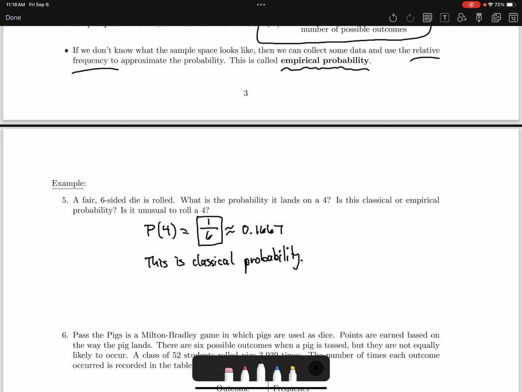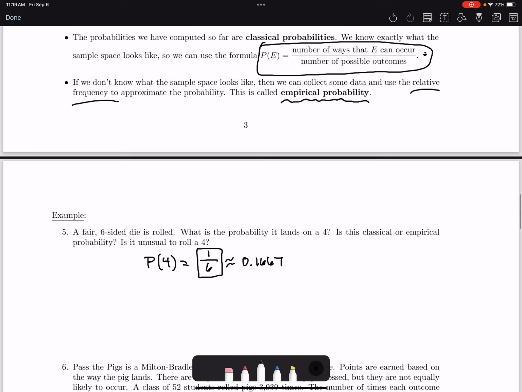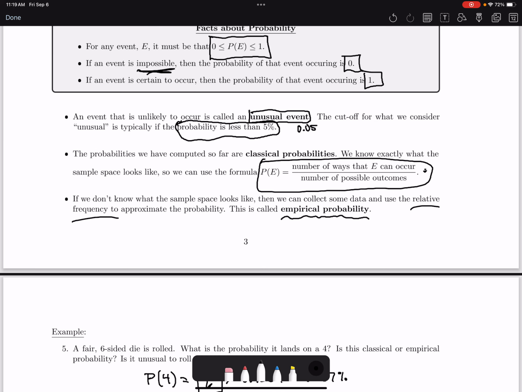To answer the second follow-up question, is it unusual to roll a 4? Well, the probability of rolling a 4 is 0.1667, so this is 16.67%. And we said that something would be unusual if there's less than a 5% chance of it occurring.